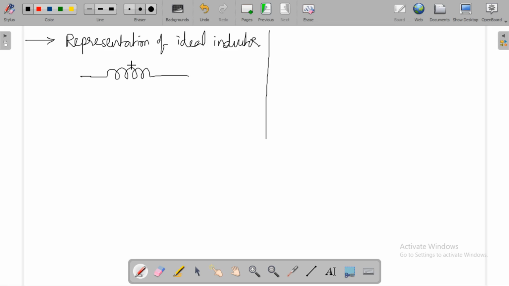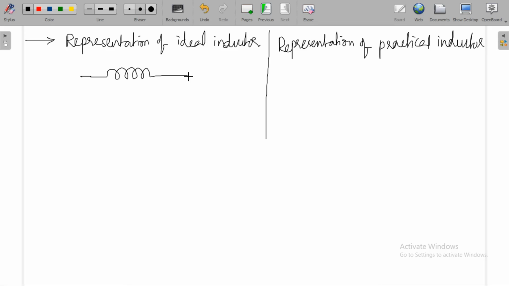Coming to the representation of practical inductor, this is the representation of practical inductor.